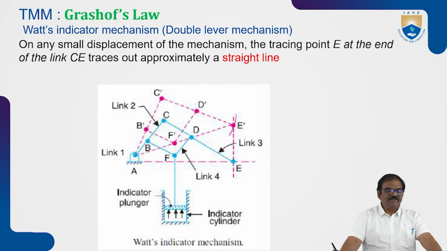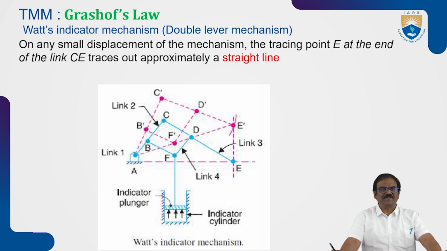The other one is the Watt indicator mechanism, a double lever mechanism. On any small displacement of the mechanism, the tracing point E at the end of the link CE traces out approximately a straight line. It is a double lever mechanism, an extension of again a 4-bar mechanism.